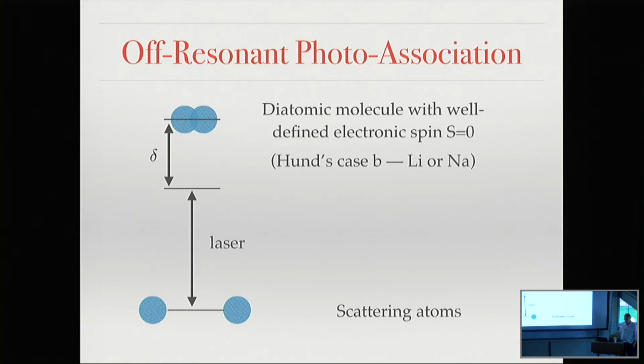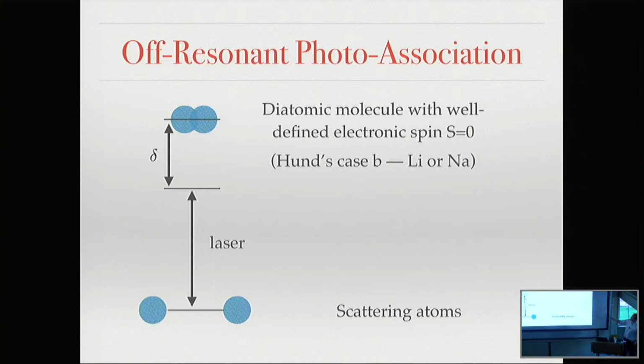In particular, if this molecular state has a well-defined electronic spin, that's S equals 0, then we're only going to couple to it if these guys are an electronic singlet. Okay.